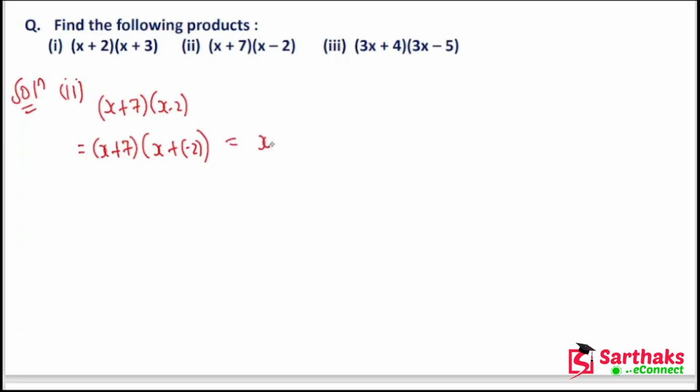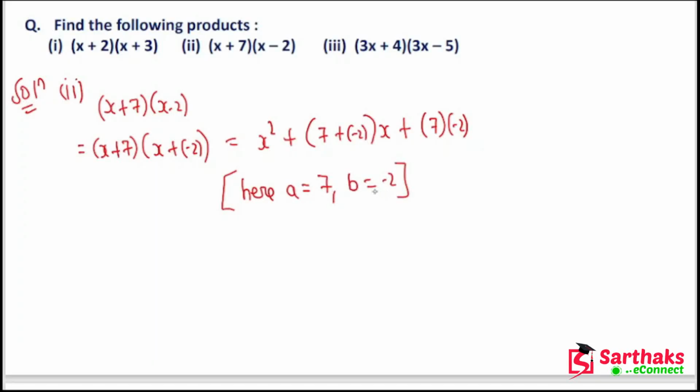So it would be x square plus a plus b of x, so a plus b, that is 7 plus of minus 2, into x, plus ab, that is 7 into minus 2. Here I have taken a equal to 7 and b equal to minus 2. We have applied the same identity. So it would be x square plus 7 minus 2 of x, and here it would be minus 14. So the final answer would be x square plus 5x minus 14.